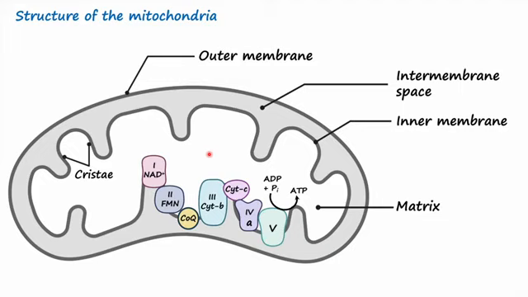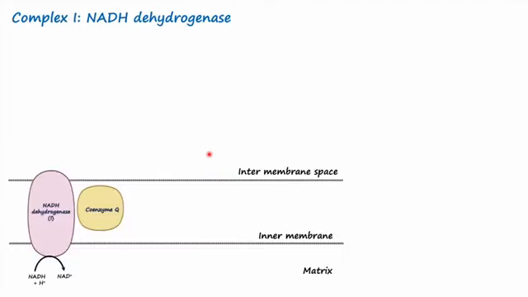So this is the structure of mitochondria, and now let's start talking about the electron transport chain. The first enzyme in the electron transport chain is NADH dehydrogenase, also called complex 1.